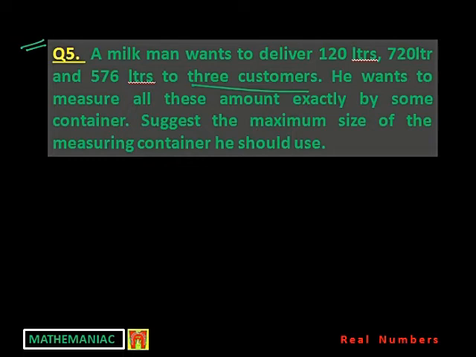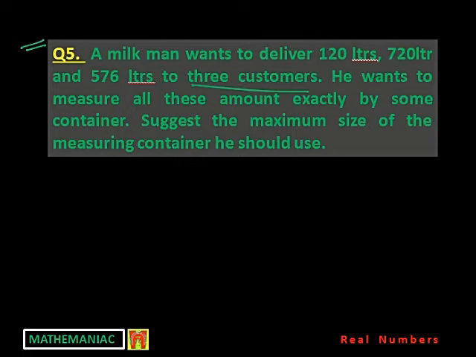So now here you see, supposing you bring one container which measures 120 liters, then can you use 120 liters to measure 576? No. What is the reason? Because 120 doesn't divide 576. Something will be extra.